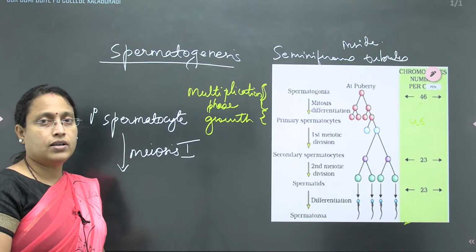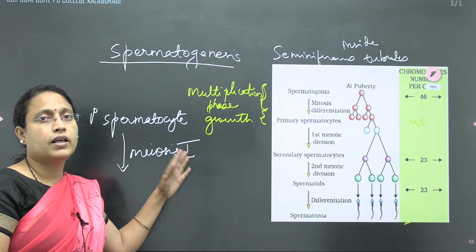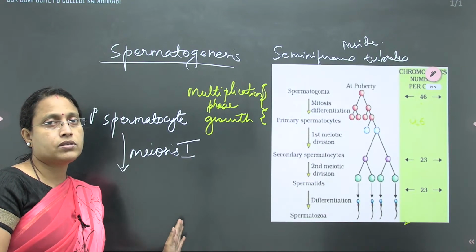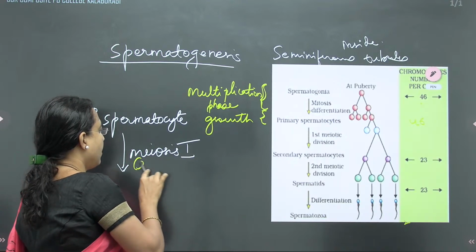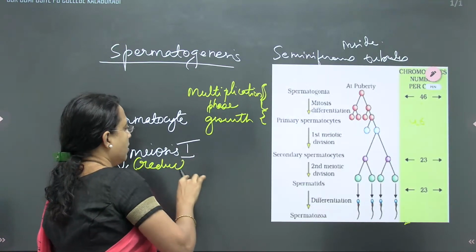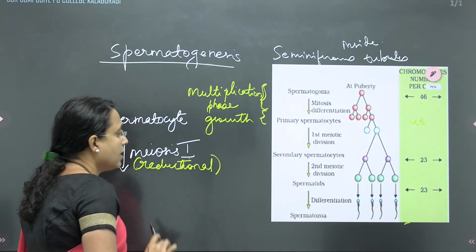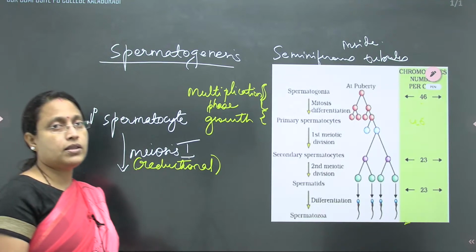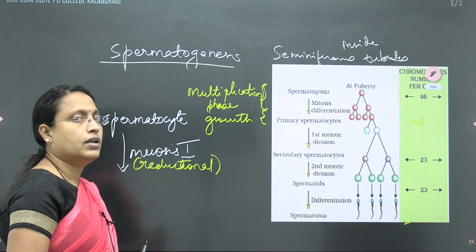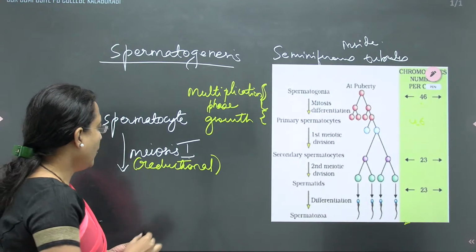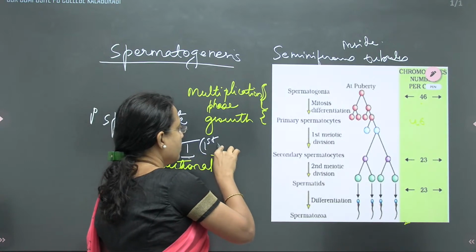The chromosome number will become half in meiosis 1. They do not become half in meiosis 2. So meiosis 1 is called reductional, and therefore only here the chromosome number is going to be reduced to half. Now this also has a name here. It is called the first maturation division.